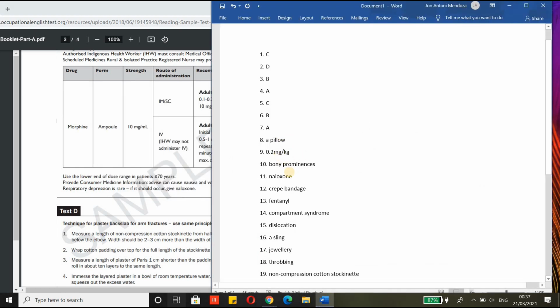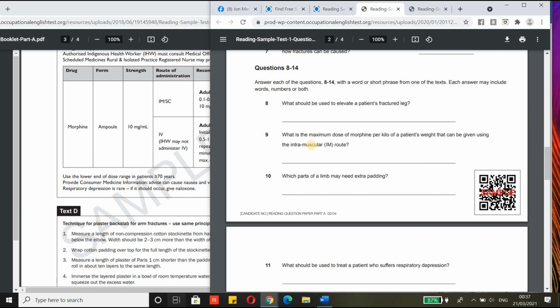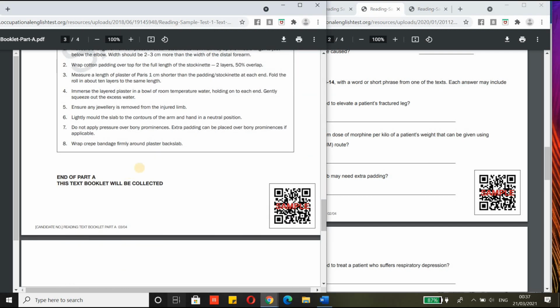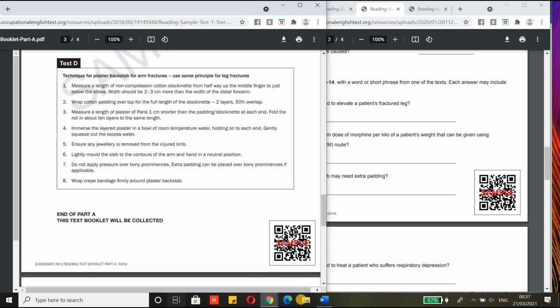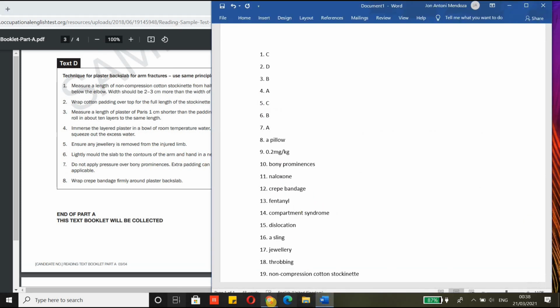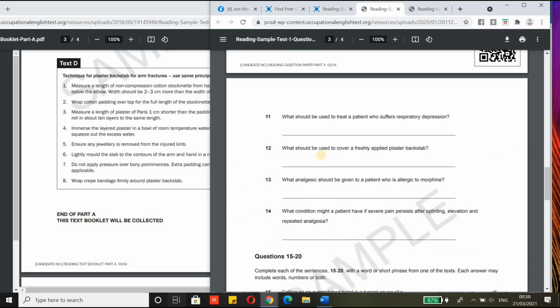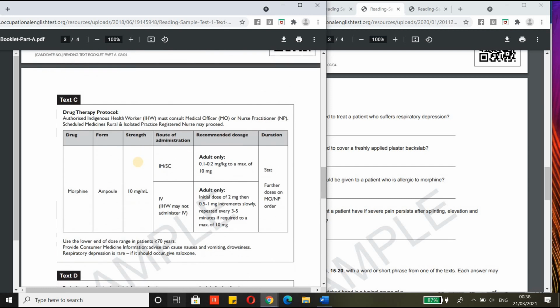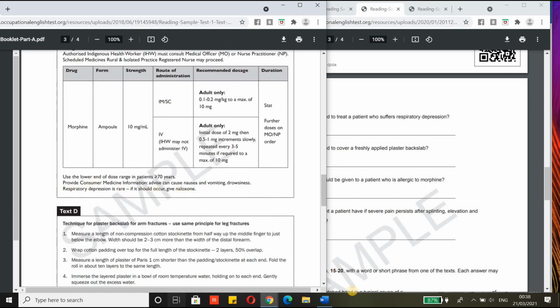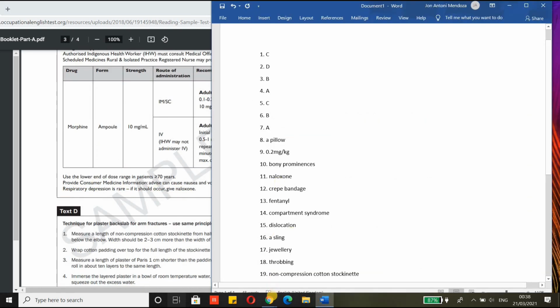Okay. And then which parts of a limb may need extra padding? Bony prominences. And then what should be used to treat respiratory depression? Naloxone. Yep.